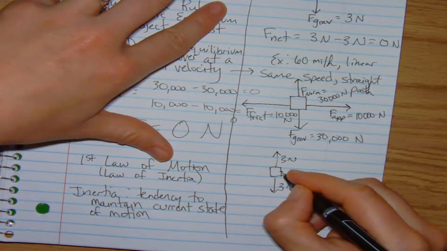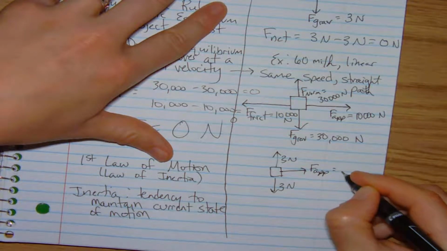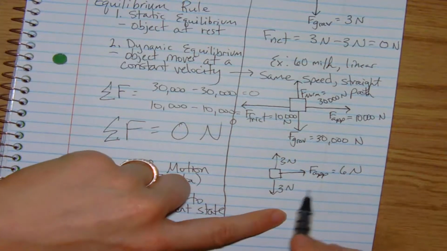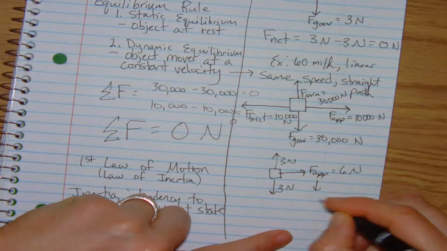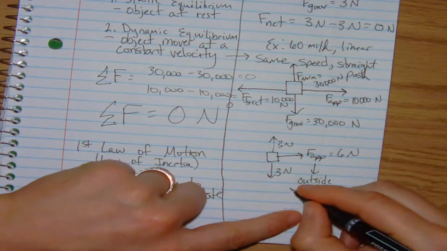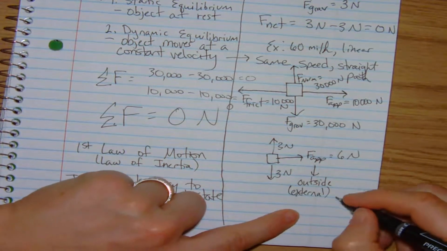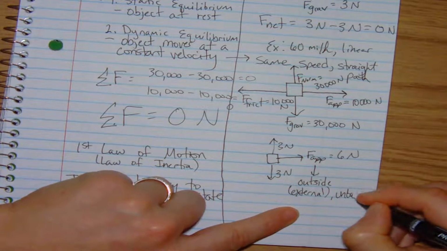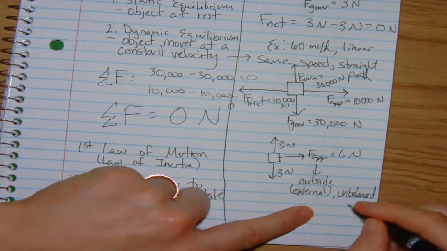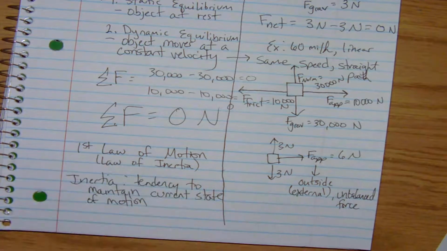If all of a sudden I pick up the stapler, so I apply a force of 6 newtons, the stapler is going to move to the right. So this would be an outside, another word for that is external, and it's going to be unbalanced. So that stapler is no longer in equilibrium because an outside unbalanced force has come and changed it.